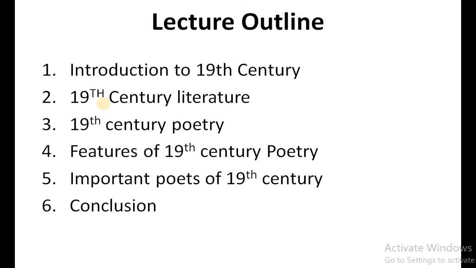In literature we will look into the most important genres in which literature of that time was produced, which genre was most popular or most widely read by the people. Its third point is 19th century poetry, because it's the subject as well as the topic of today's lecture.